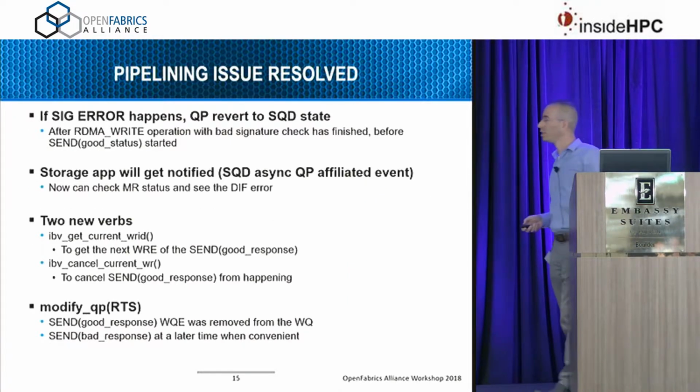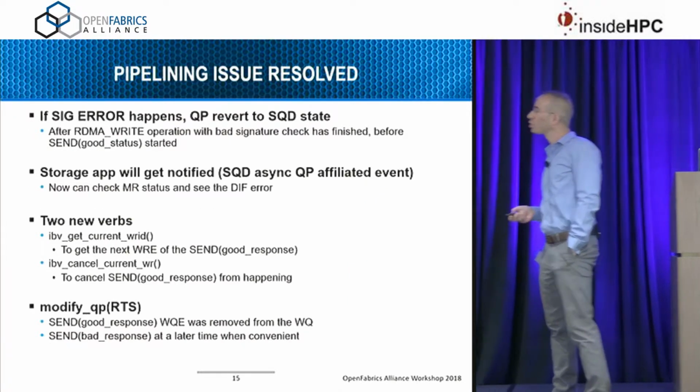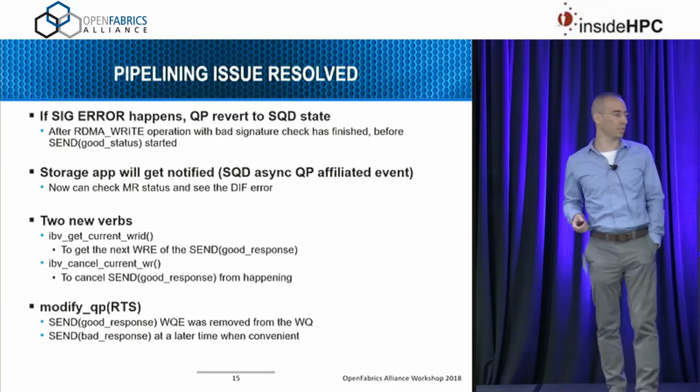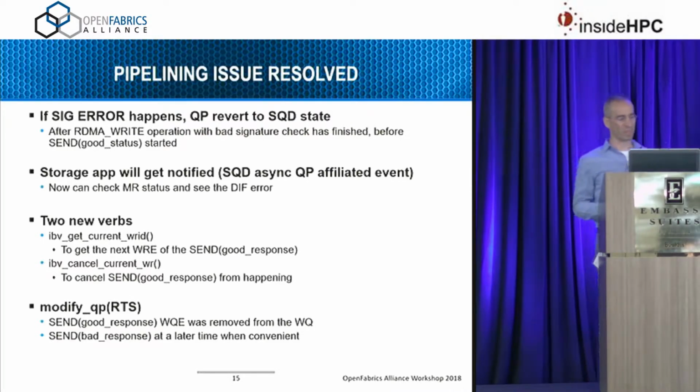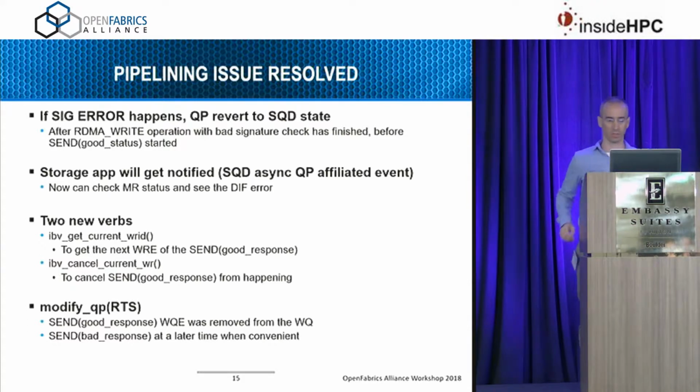And the resolution for that is basically, whenever there is a signature error happening, the QP will automatically revert to send queue drain state.